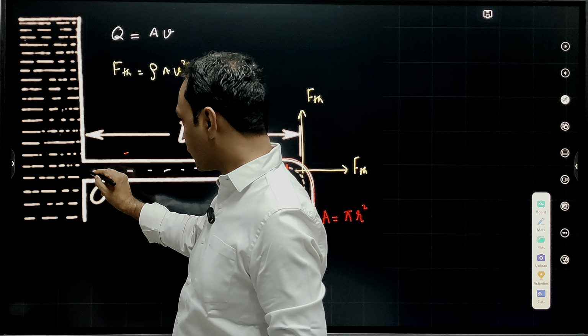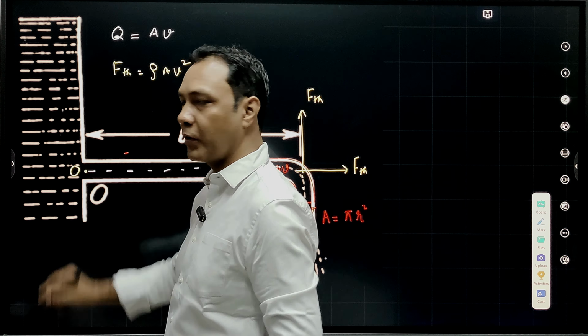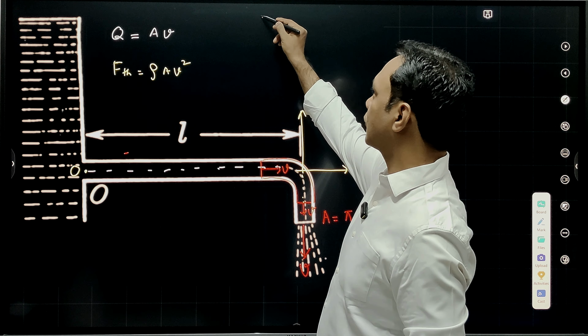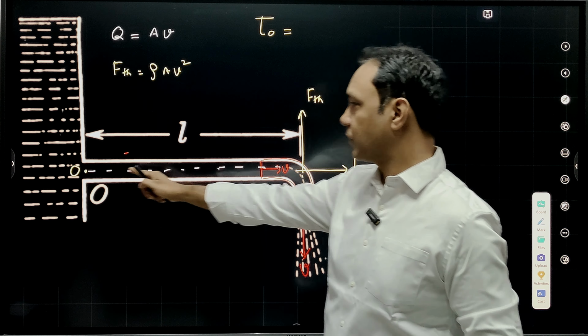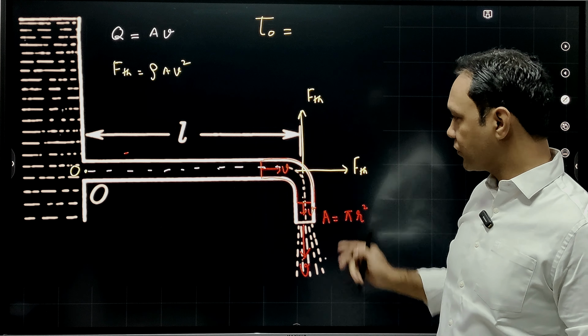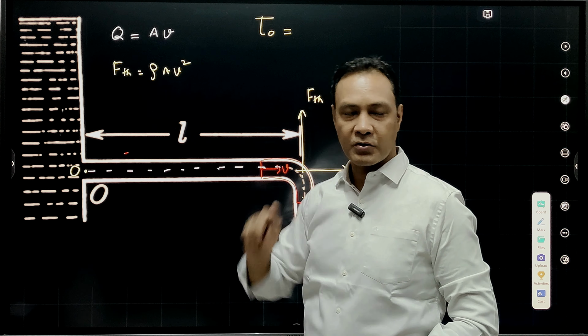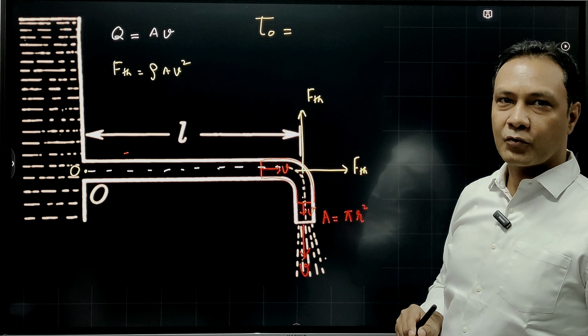And we have to find the torque about point O. Clearly, because of this part of the thrust force, the torque would be 0, because the line of action of the force is parallel to the position vector.